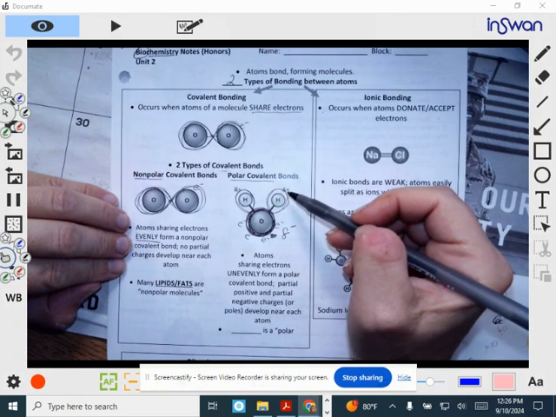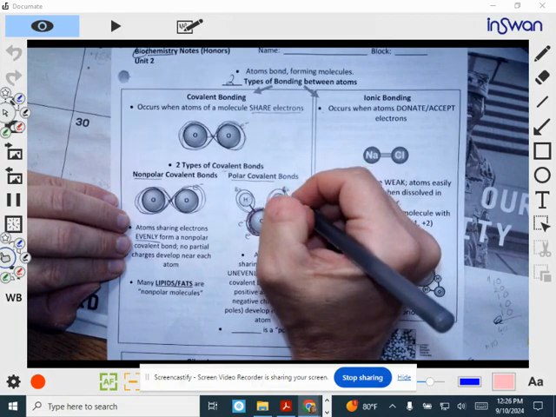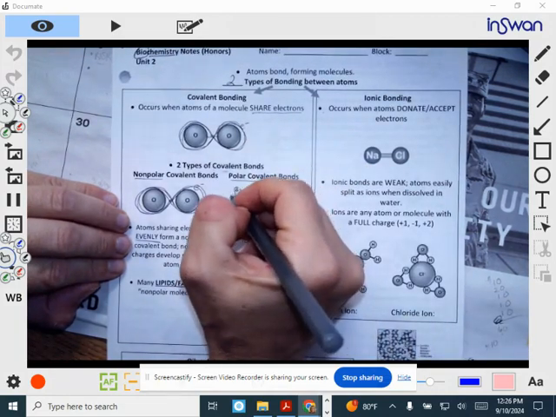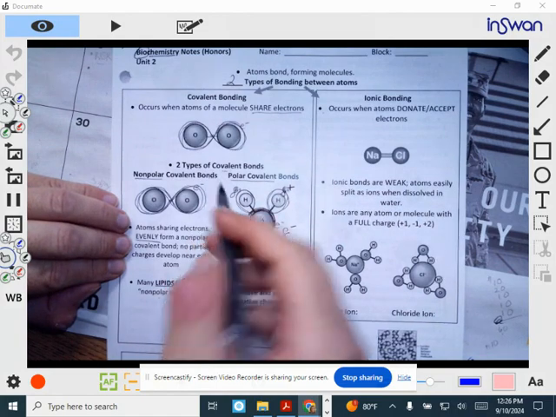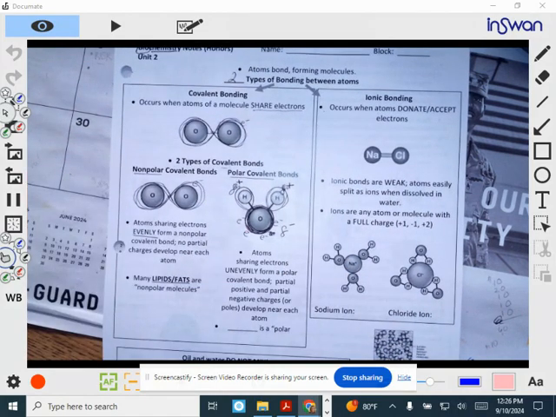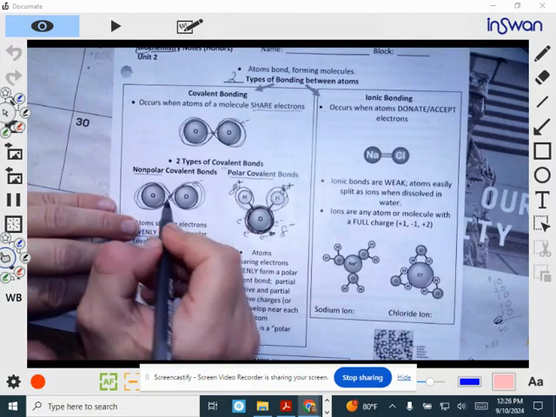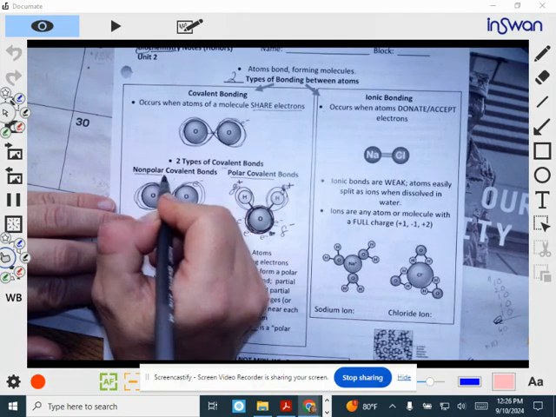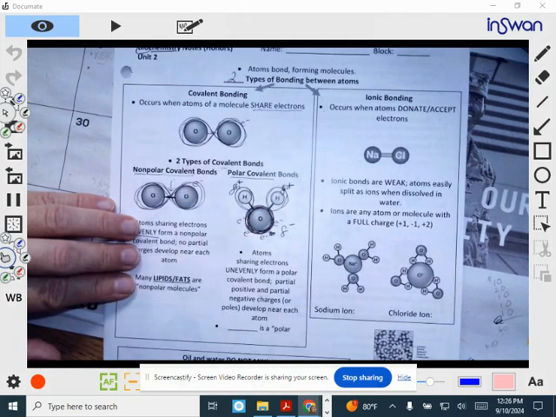And since there are fewer electrons around the hydrogen, we say that they develop a partial positive charge. It's kind of a funny looking figure 8 there, and then you just put a plus behind it.